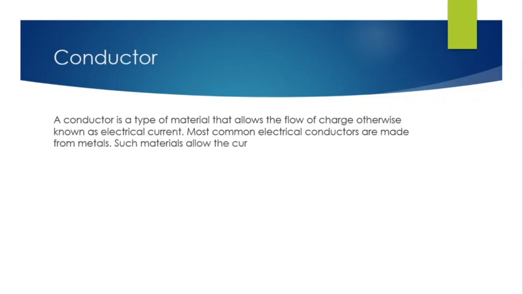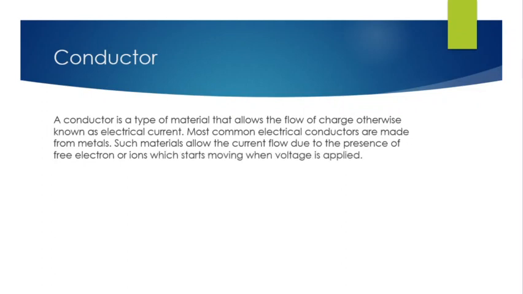Such materials allow current flow due to the presence of free electrons or ions which start moving when voltage is applied. Conductors have very low electrical resistance, that is the opposition to the current, and it depends on the length and width of the conductor. It increases with the increase in temperature.